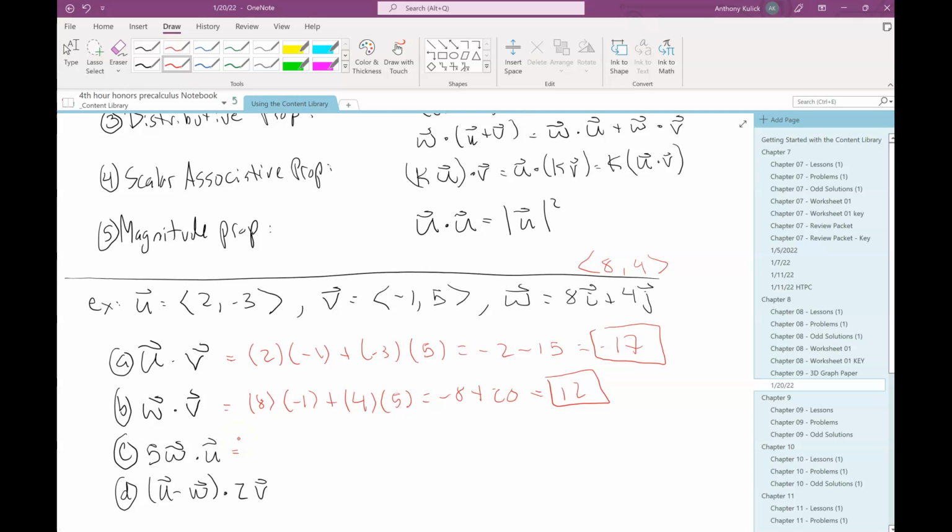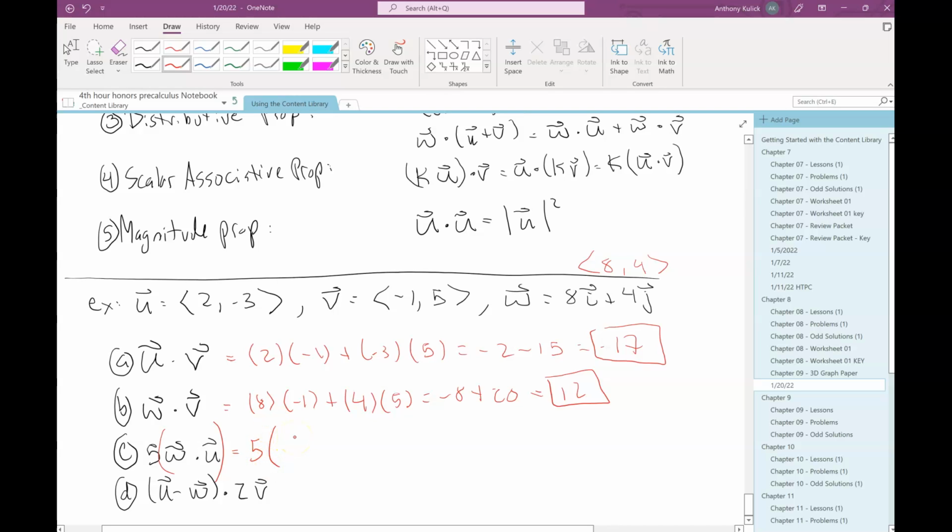According to the scalar associative property, I can multiply that 5 into the w, or do the dot product for the u and w first, and then multiply that answer by 5. That's what I'm going to do.